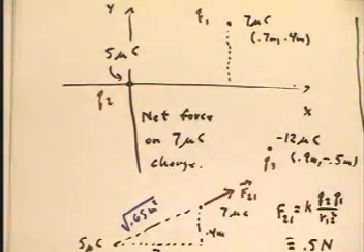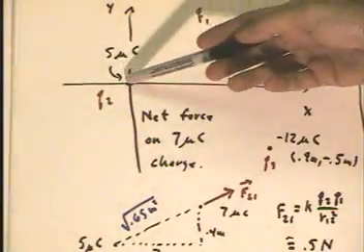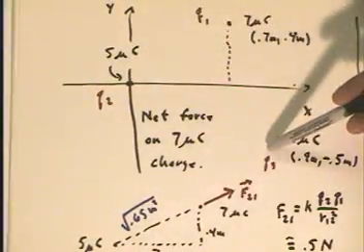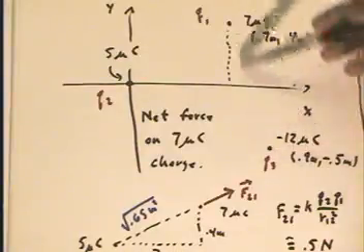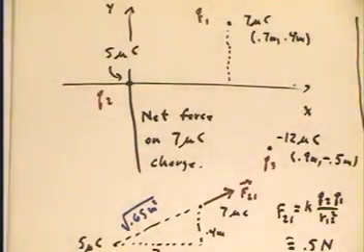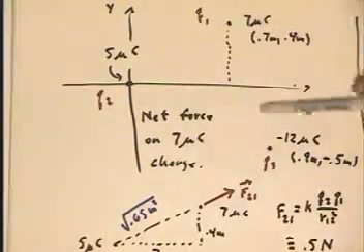In order to find the net force on this charge, all we have to do is find the force exerted on this charge by the 5 microcoulomb charge and the force exerted by the negative 12 microcoulomb charge and add the two forces. The catch is, of course, that these forces are vectors.